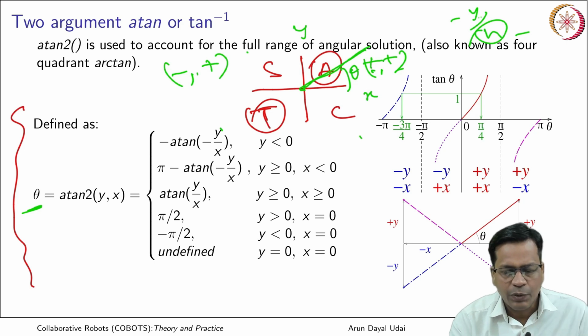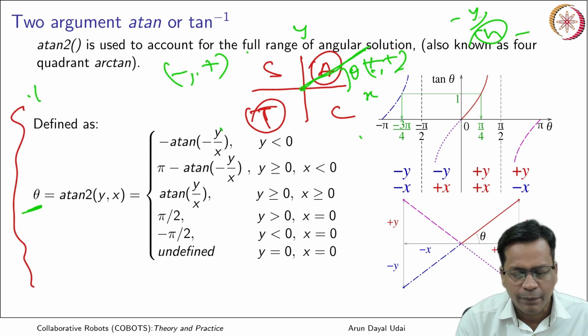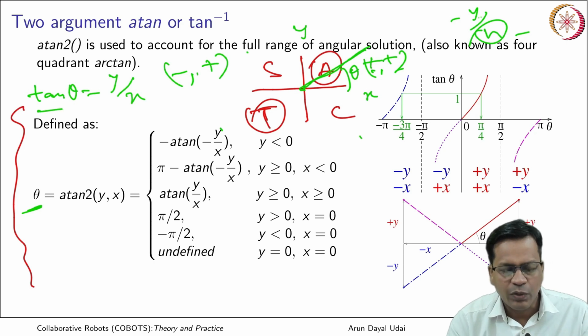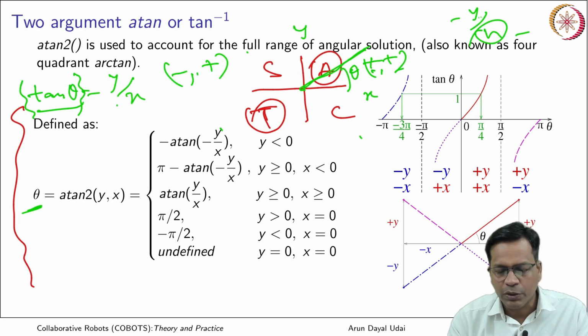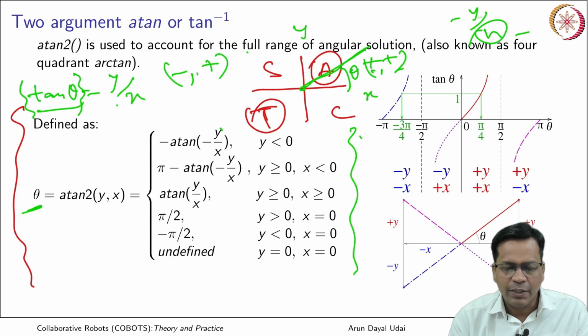Because you see tan theta is equal to y by x. Tan theta will have same value for plus x and plus y, minus x and minus y, it will have same value. So if tan value is same but the input values for x and y is in different quadrant, you should get different values for theta. Okay, so that is quite easily possible using these type of conditioning.